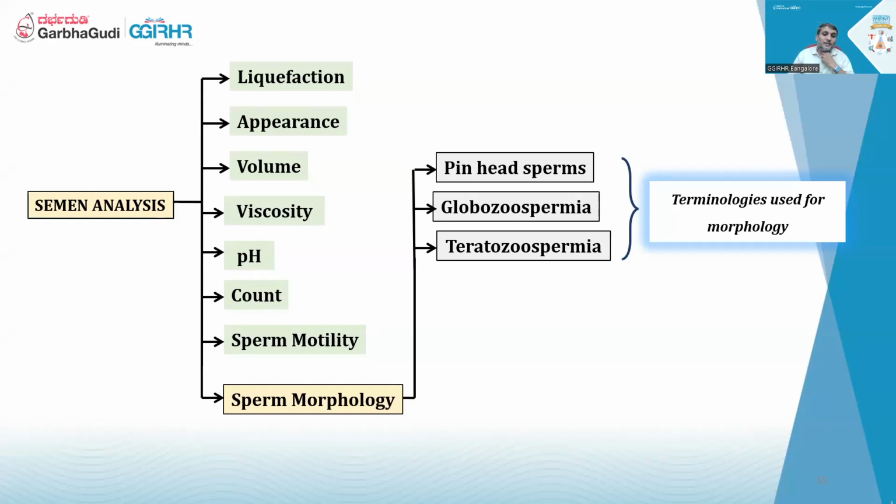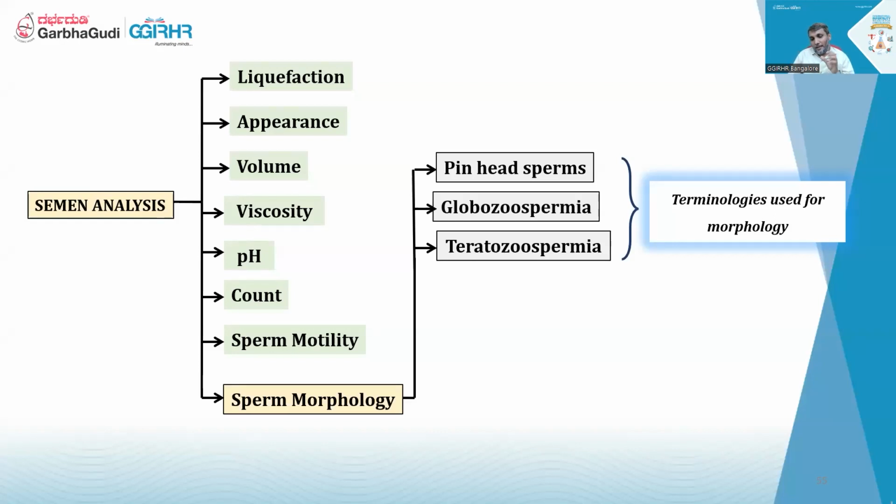And teratospermia means any head defects, any neck defects. See, sperm has head, neck, and a long tail. In the tail, again, we say mid-piece. So you can say head, neck, mid-piece, and very long tail.